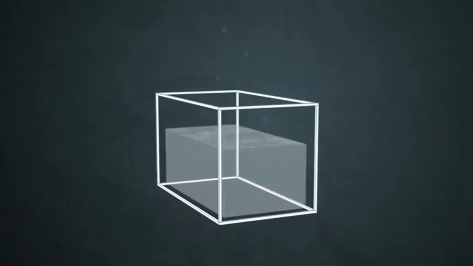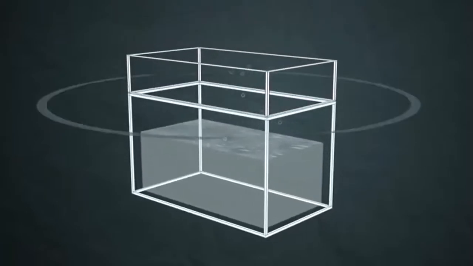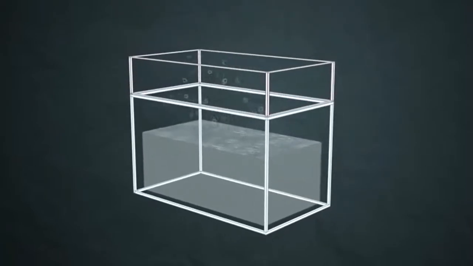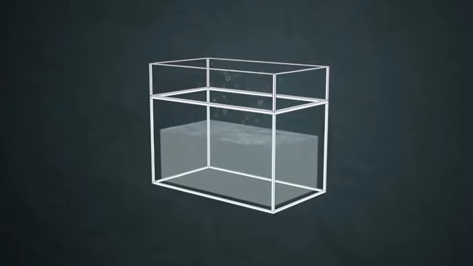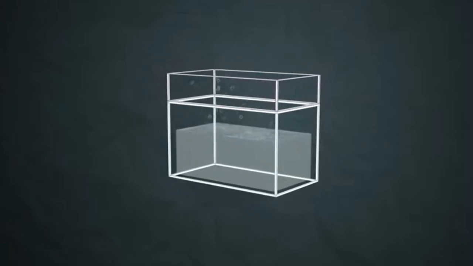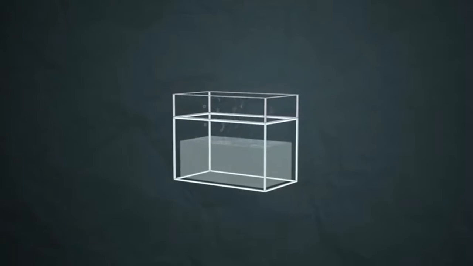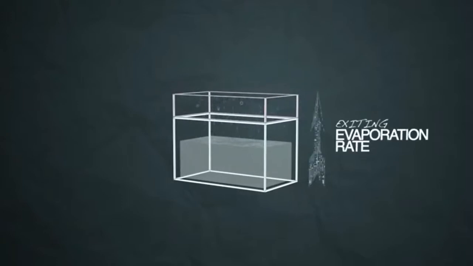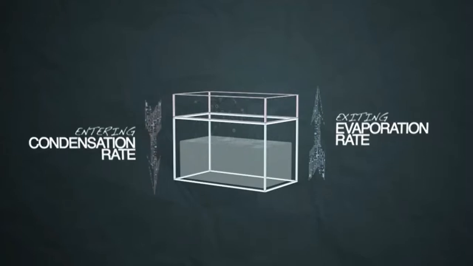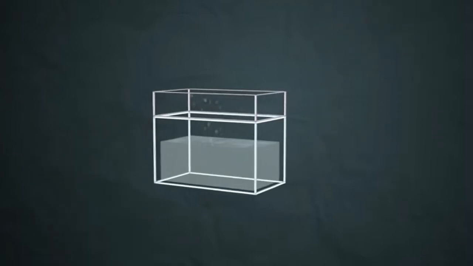So if you put a lid on the container, all the particles are trapped, so the water vapor goes back into the water phase. As this happens, you finally reach a state at which the exiting evaporation rate equals the entering condensation rate, and you reach what we call equilibrium.